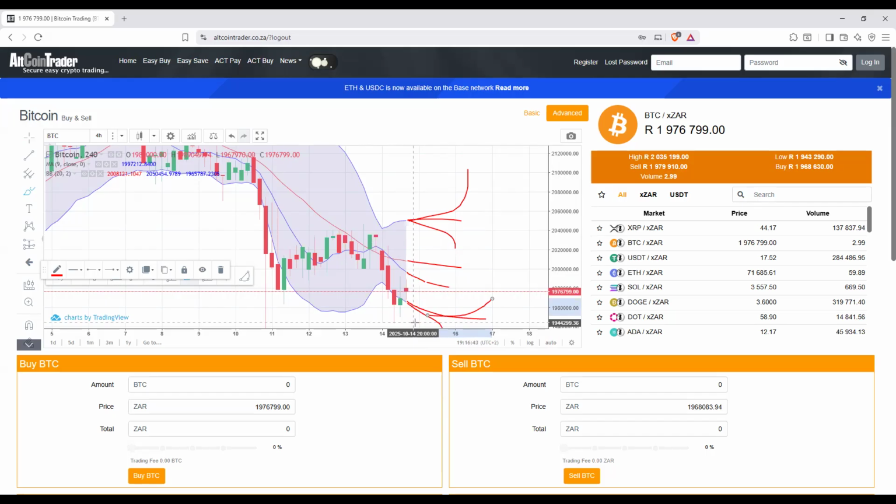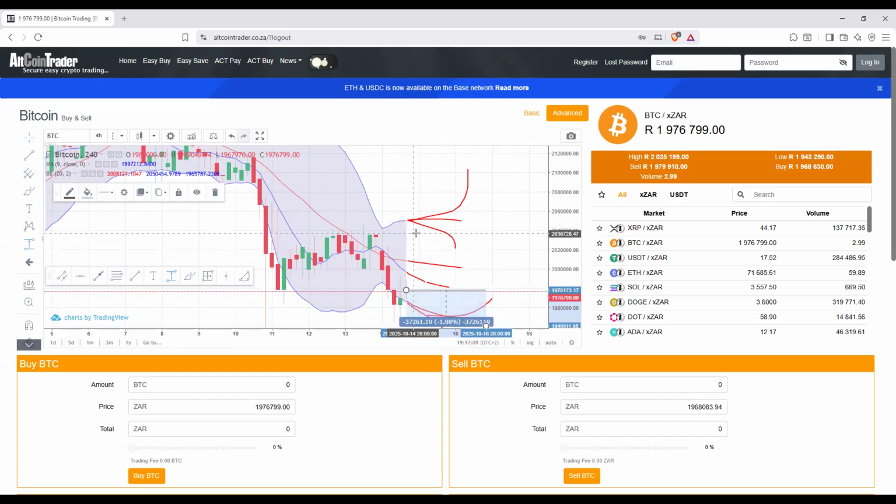So I can say for the next day, using my moving averages, and I'm using the Bollinger Band also as a moving average, if this price had to drop over the next 2, 3 days, it would possibly drop another 1.8 to 2%.